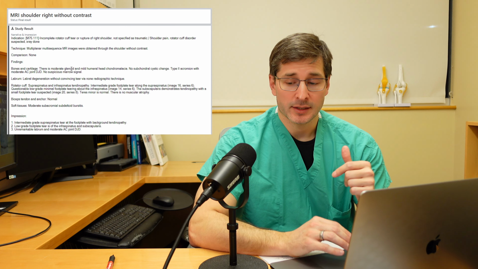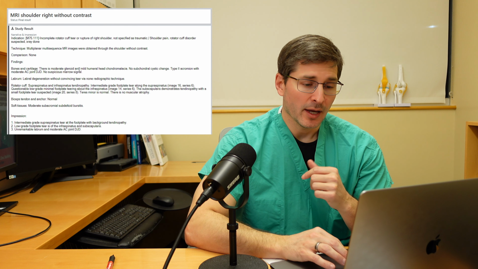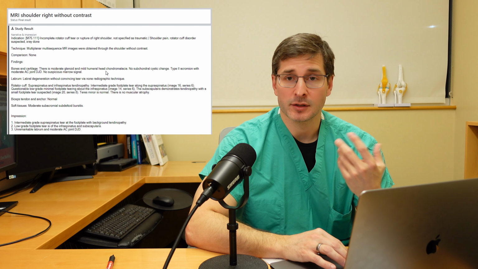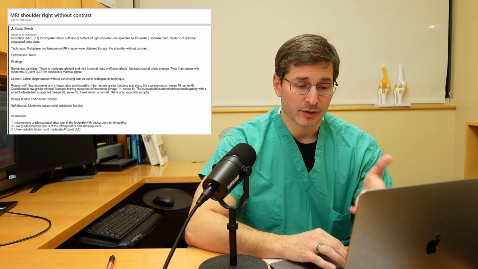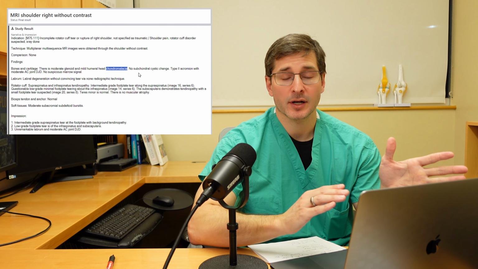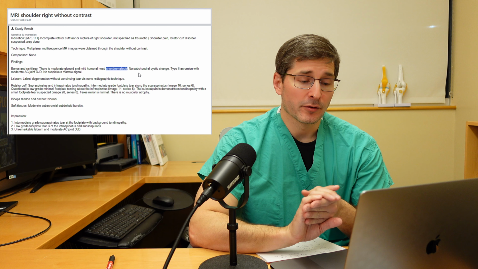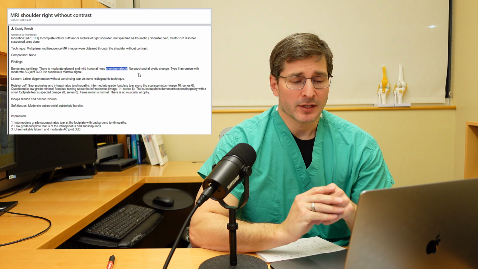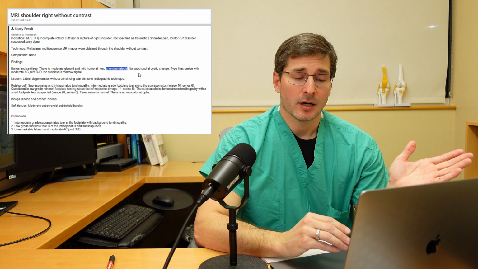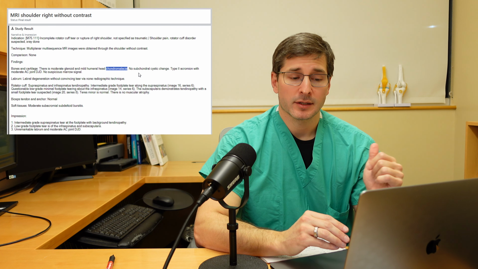And so there's moderate glenoid. The glenoid is the socket of the shoulder, and mild humeral head, which is the ball of the joint, chondromalacia. And this term chondromalacia refers to a spectrum of change of the cartilage of a joint.